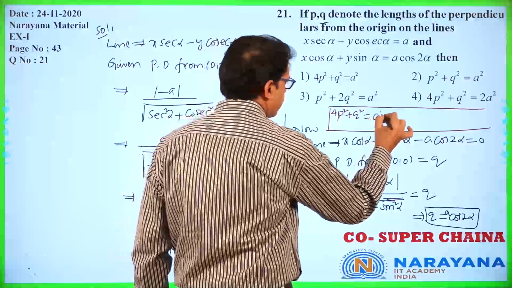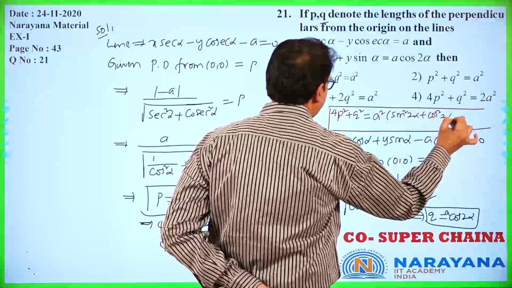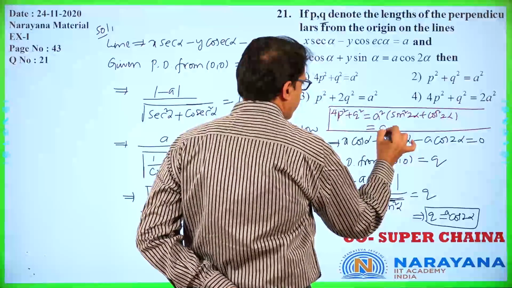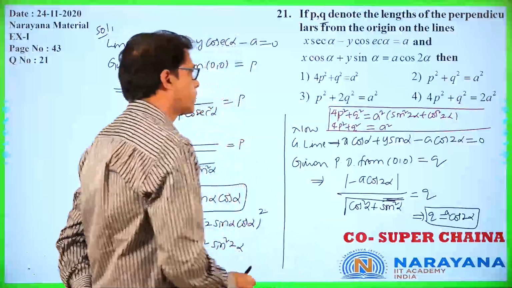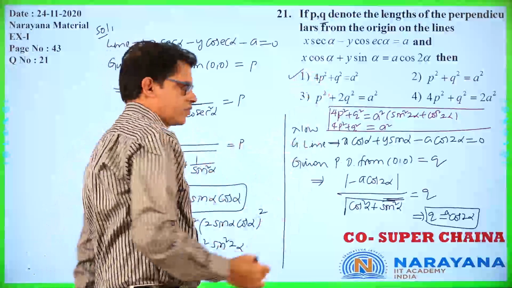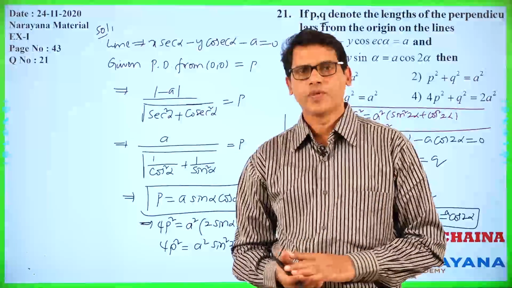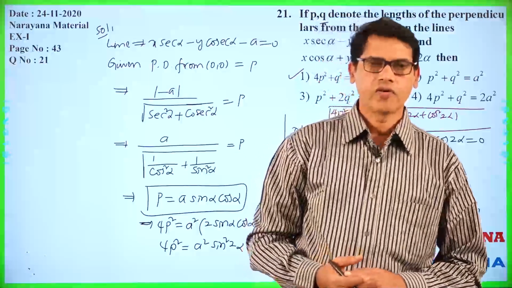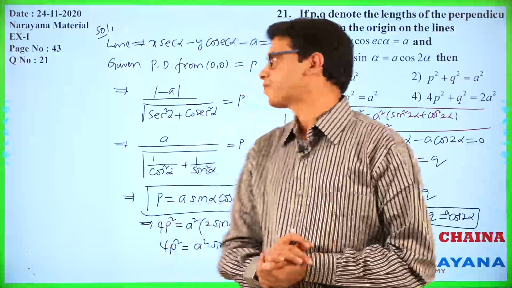So A square into sin square 2 alpha plus cos square 2 alpha. This becomes 1, that equals A square. So 4P square plus Q square equals A square, which is the first option. Simple one, just application of the formula. What is the formula? Perpendicular distance from origin equals mod of c by root under a square plus b square. Okay. Next one.